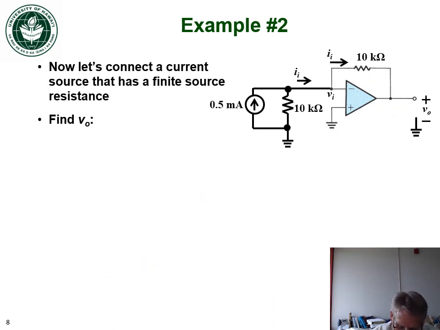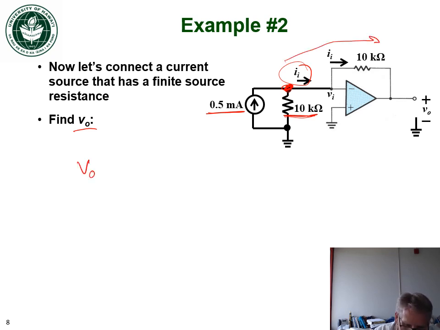If we apply a source that has a current of 0.5 milliamps and a source resistance of 10 k ohms, what would the output voltage be? All of this 0.5 milliamps is going to get to this node here, and all of it is going into IN because the input resistance is 0. And then all that current is going to flow through the 10K.